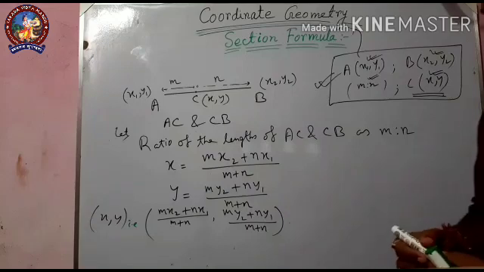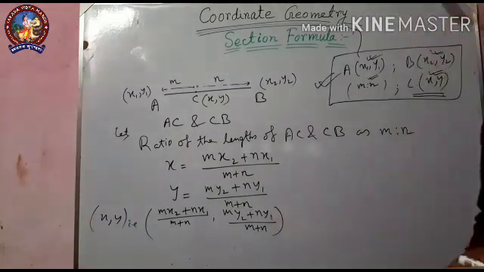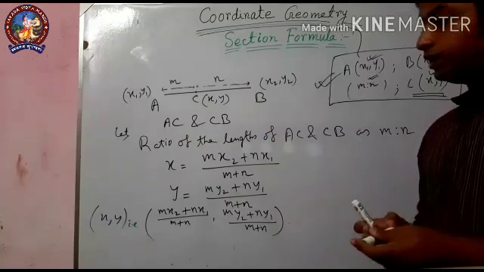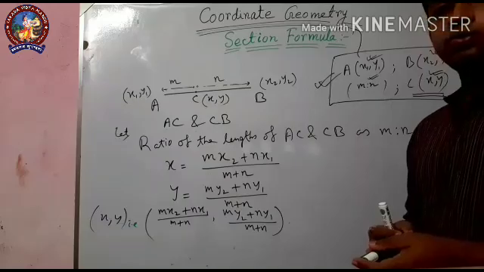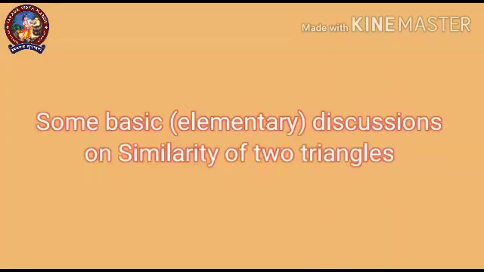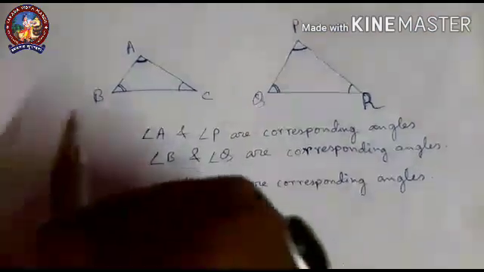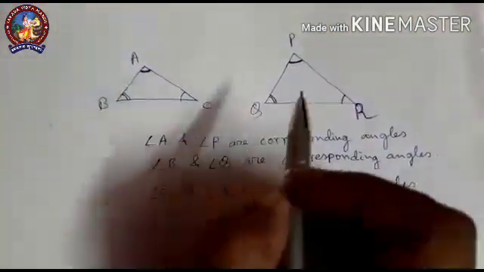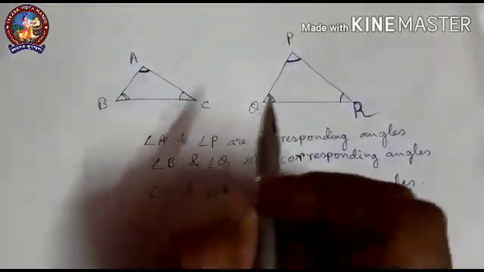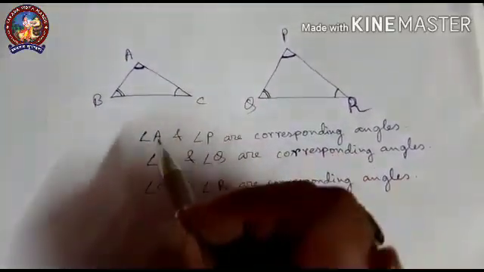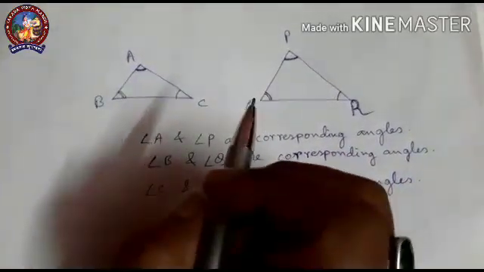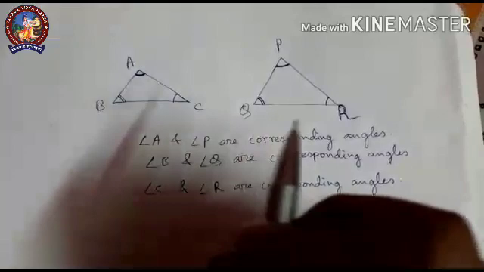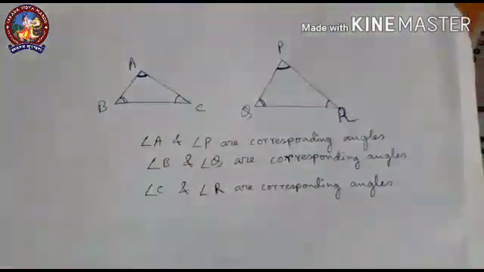Now let's see how to derive this expression, and for that you need to understand the concept of similarity of two triangles. In these two triangles, triangle ABC and triangle PQR, angle A and angle P are the corresponding angles, angle B and angle Q are the corresponding angles, and angle C and angle R are the corresponding angles.